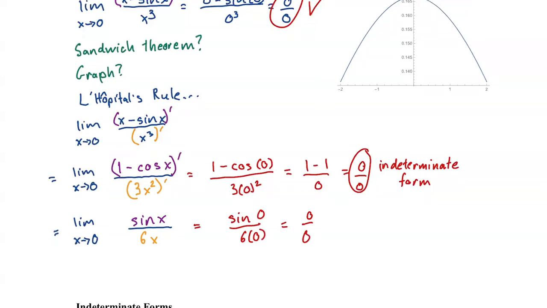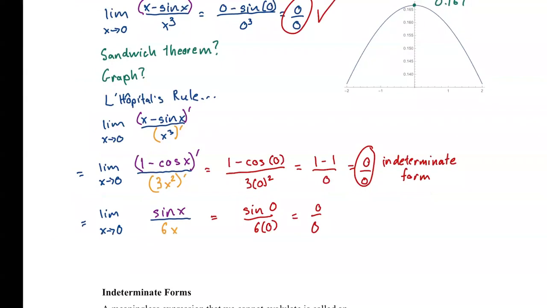So what I'm going to do again is, you guessed it, take the derivative of the top and bottom separately. So we have the limit as x goes to 0. Taking the derivative of sine of x, you have cosine of x. Taking the derivative of 6x, you have 6.